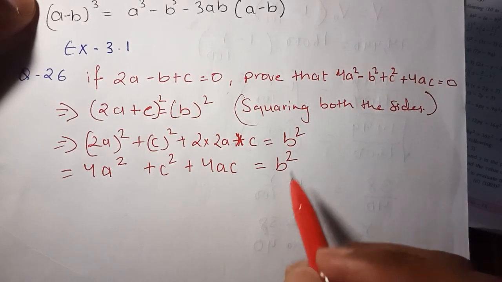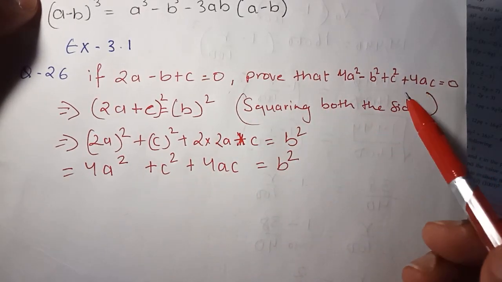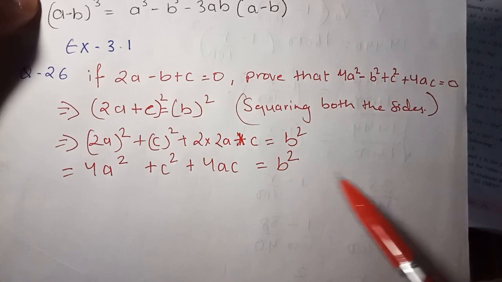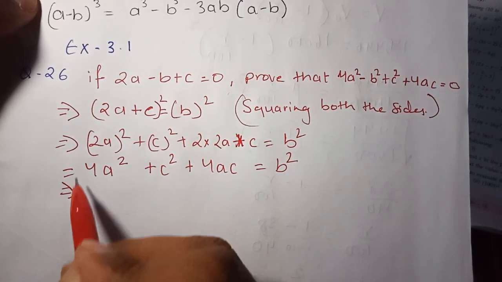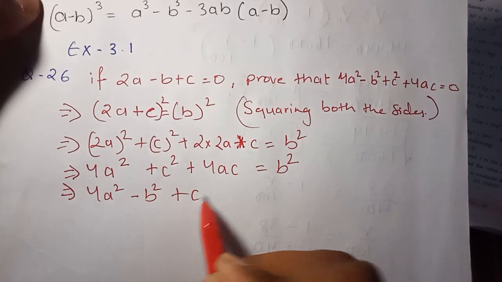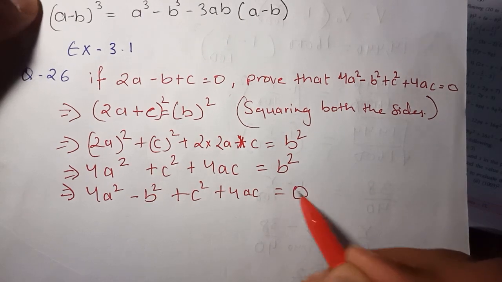Now what can I do? You can compare, whatever you have is exactly the same as what you have to prove. The only thing is b is on the other side, so I'm going to shift b on this side. So it's going to be 4a square minus b square plus c square plus 4ac, and there's nothing left on that side, so 0 is left with me.